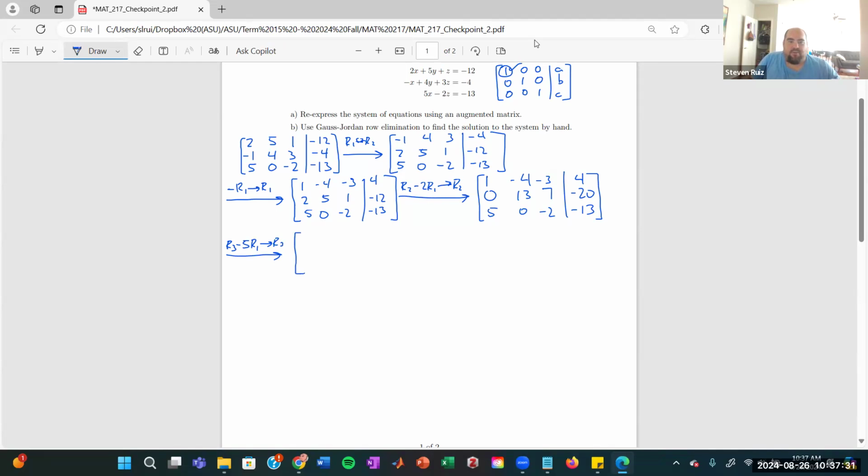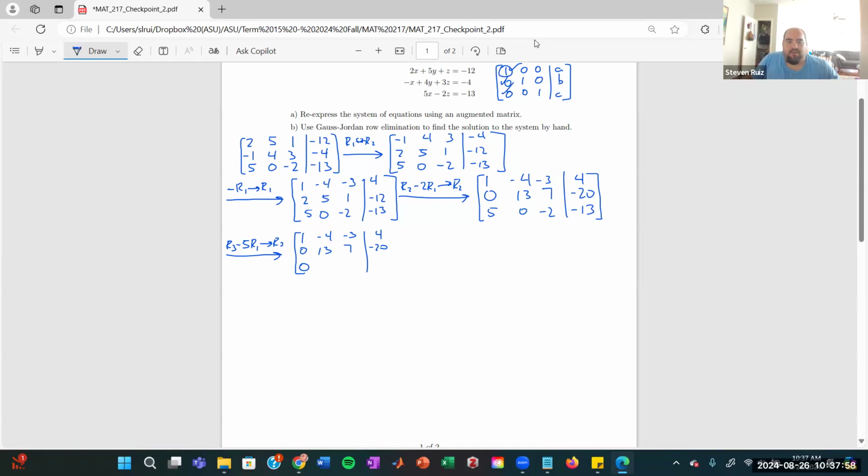So now I'm going to first just copy down the first 2 rows. 1, -4, -3, 4. 0, 13, 7, -20. And now the third row is the one that's going to be altered. So row 3, 5 minus 5 times 1, that's 0. So now I got the whole first column looking the way I want it.